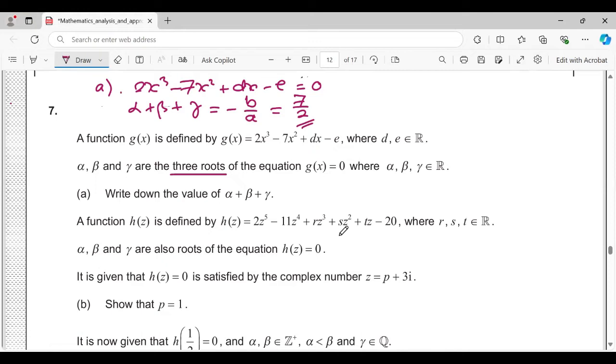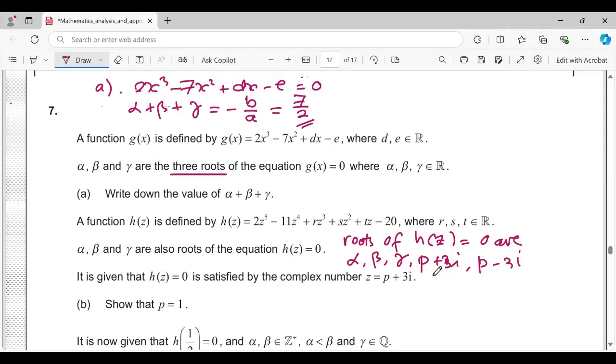So the roots of this equation are alpha, beta, gamma, p plus 3i, and p minus 3i.